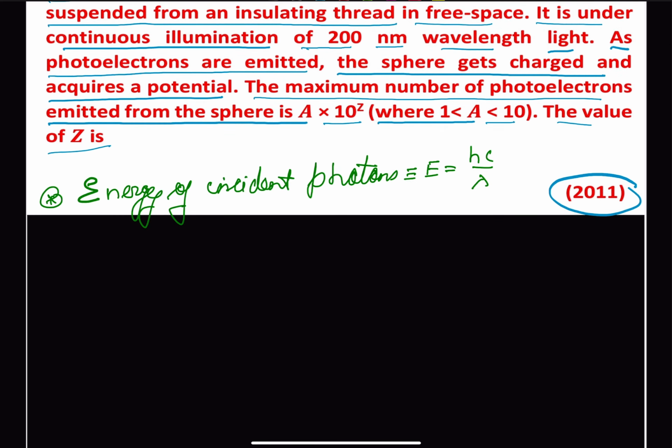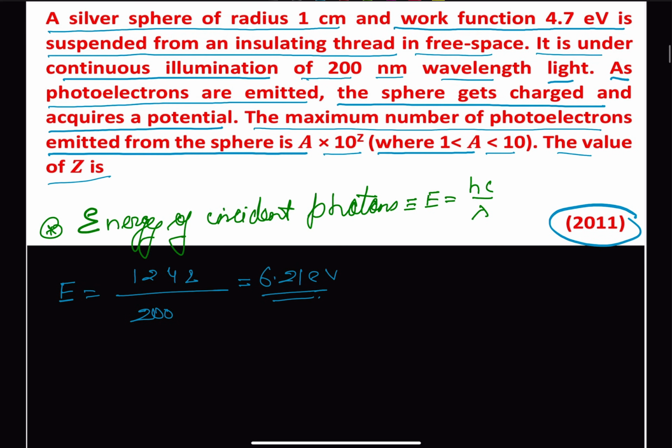This gives us our energy is equal to 1242 upon lambda, which is our 200 nanometer. This will be equal to 6.21 electron volt. And based on this, we are going to find out the maximum kinetic energy of the emitted photoelectrons.